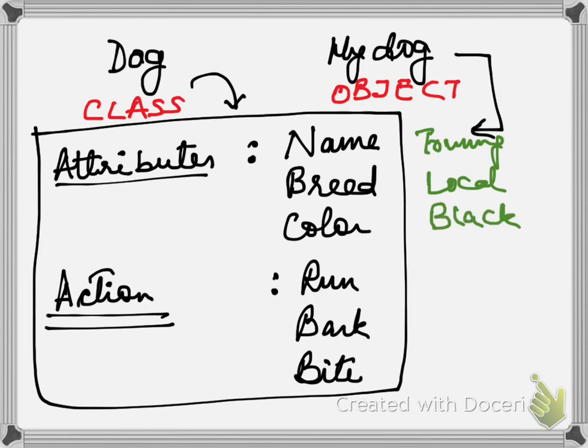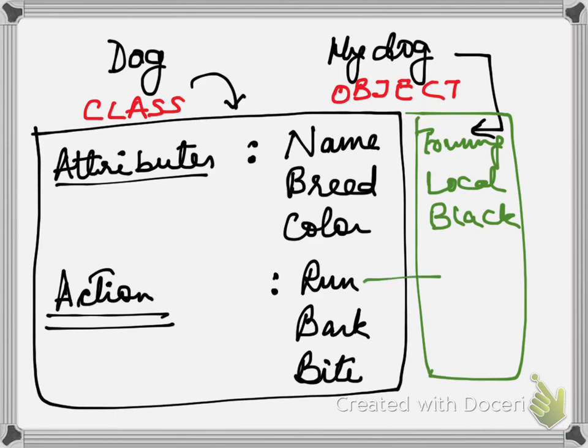And then of course there are actions which Tommy can perform: run, bark and bite. When I'm talking about run here, I'm talking about Tommy running, Tommy barking or Tommy biting, not any other dog, only Tommy.